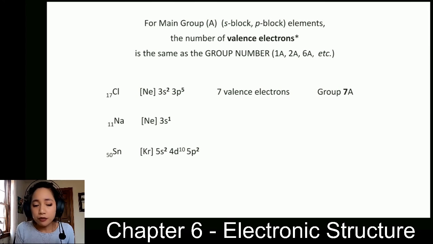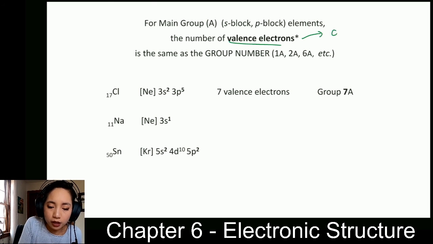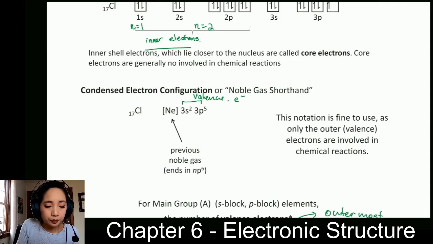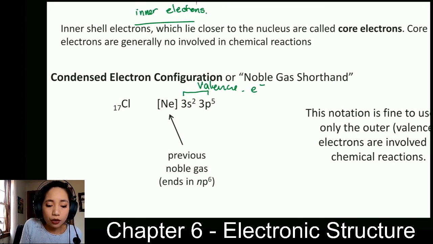The number of valence electrons, or outermost electrons, is all the electrons that reside in the highest n value. In this case, for chlorine, these are all the electrons within n equals 3, and there's a total of 7.